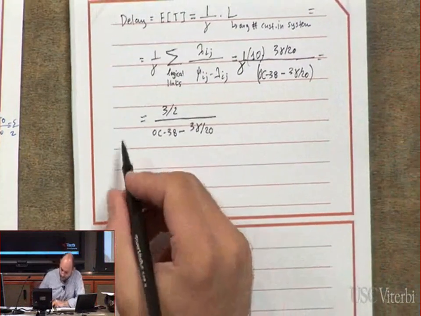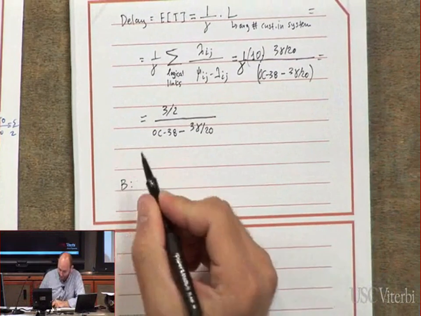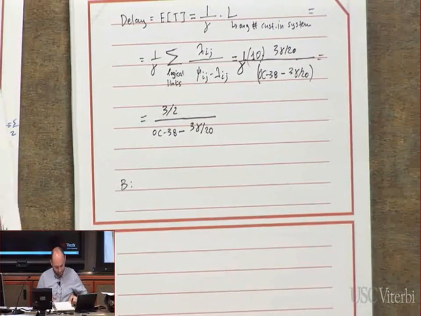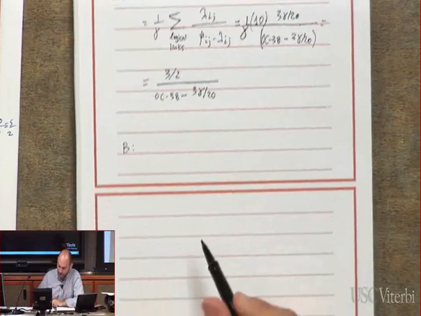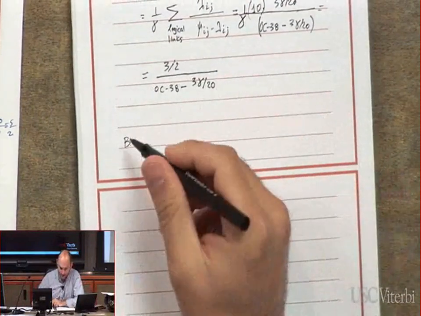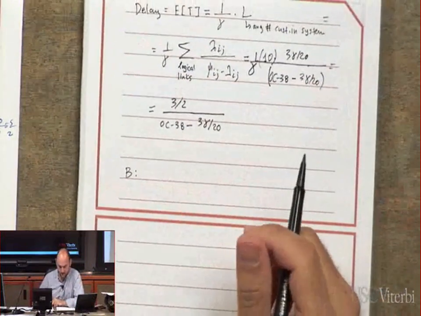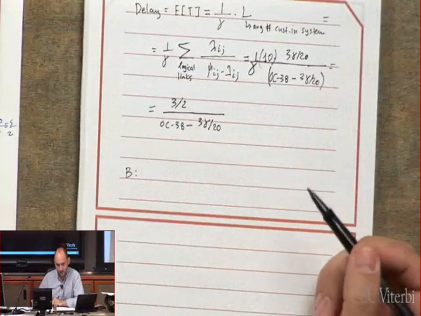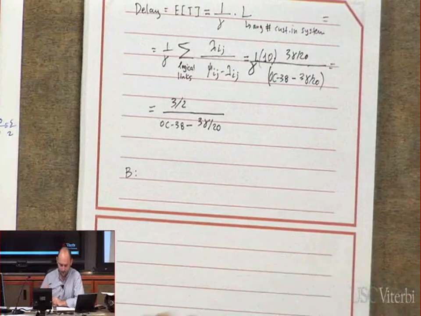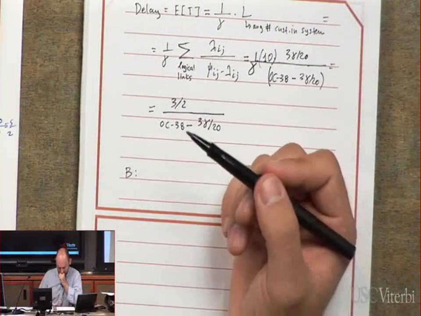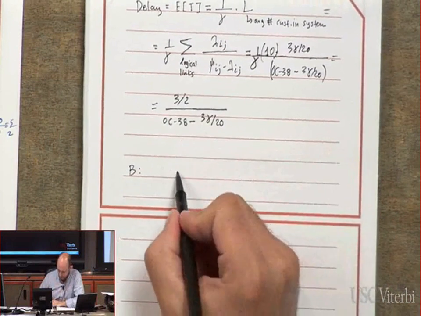All right. So for B, the physical topology in the second case will be the same, and we just have a difference in the logical topology we want to support, excuse me. So let's draw it again.